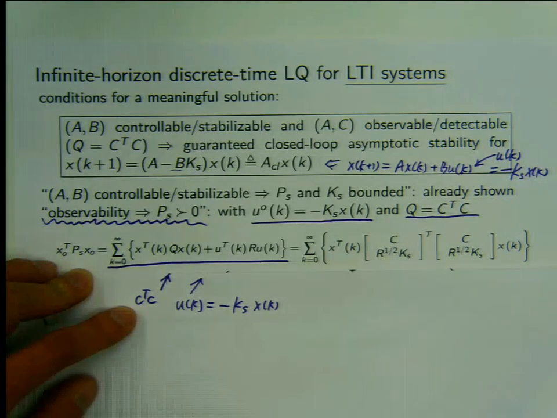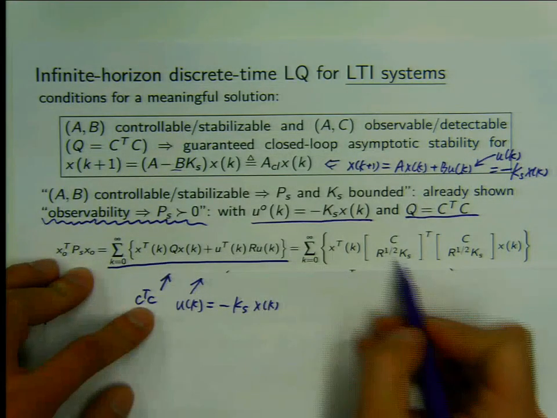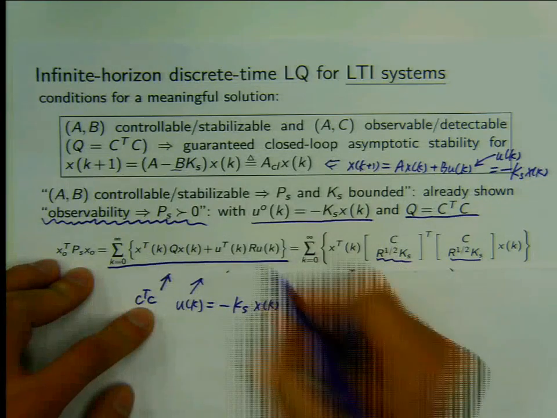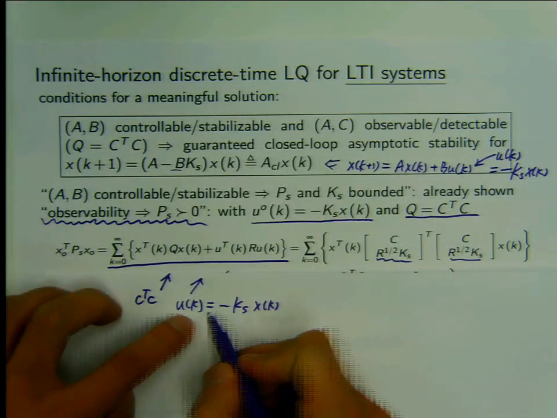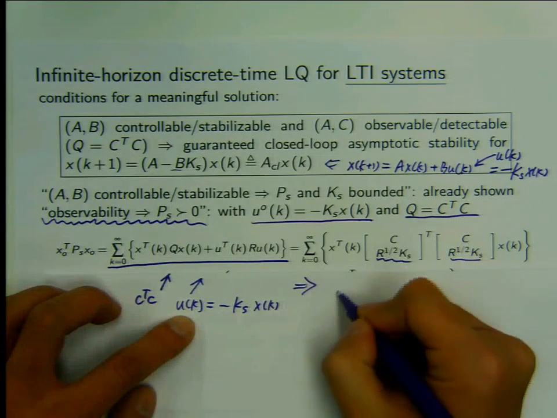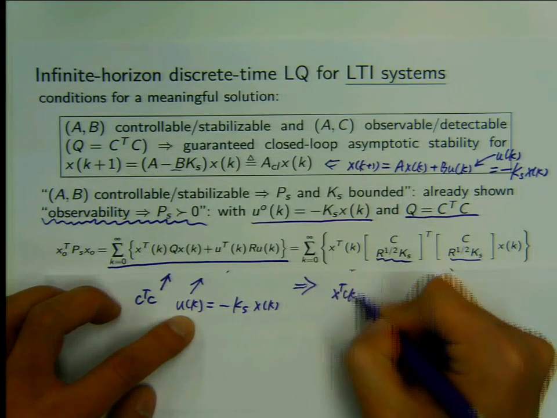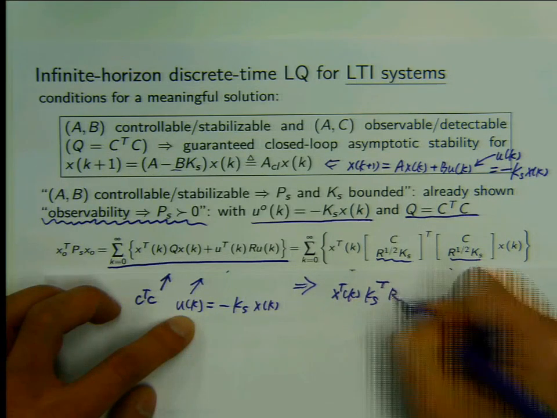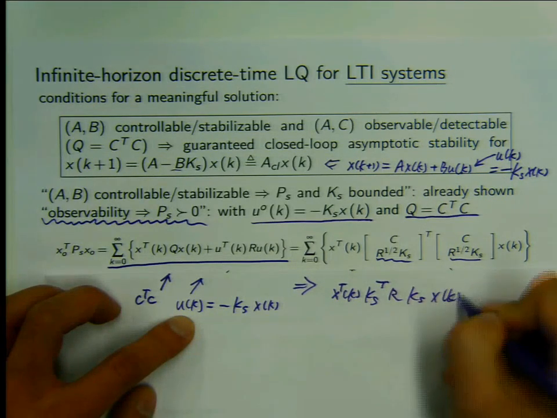And then the second term comes from over here. This matrix occurs like this. From this substitute UK to here, we're going to get X transpose K transpose R K X of K.